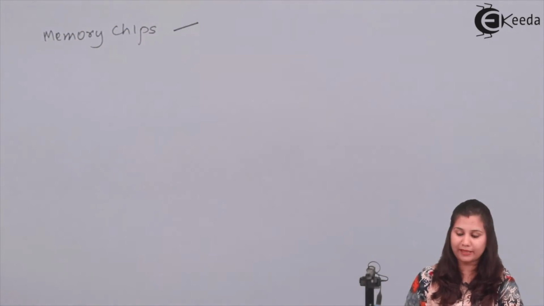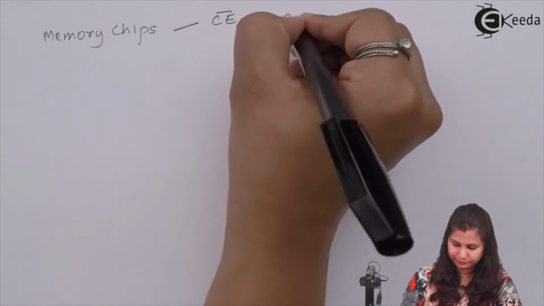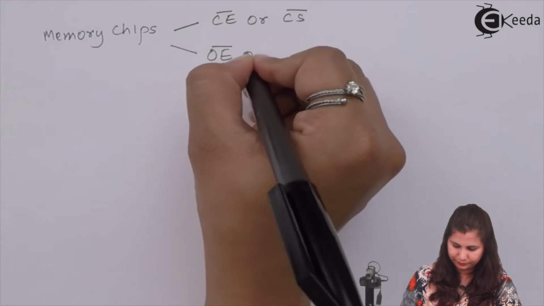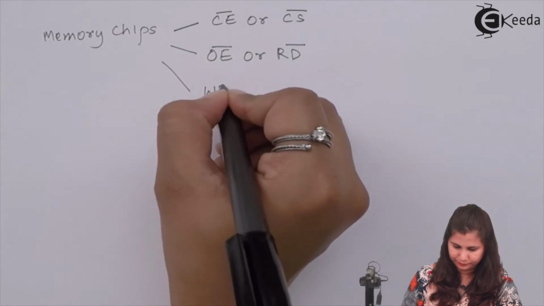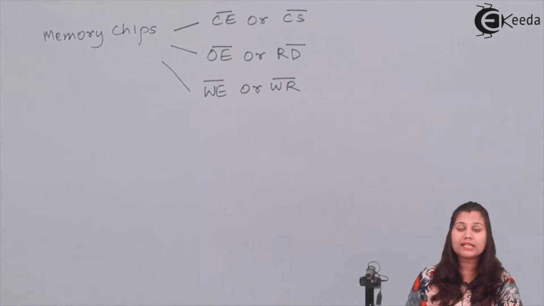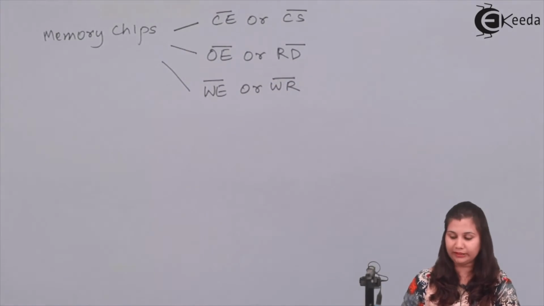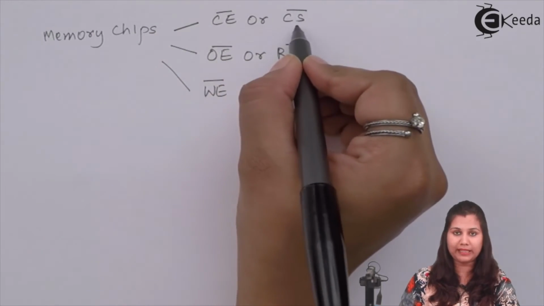So memory chips will have these three signals which are used when they are communicating with the microprocessor. First is the chip enable or chip select signal.